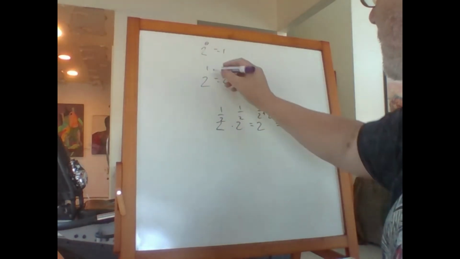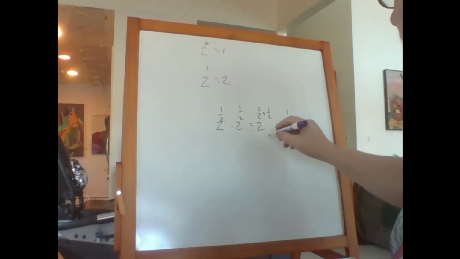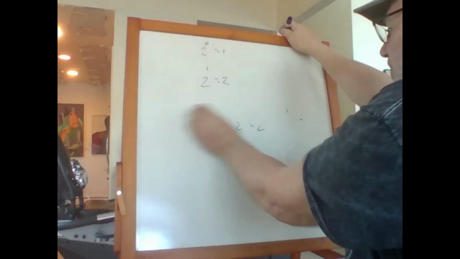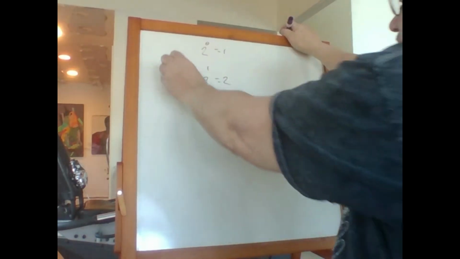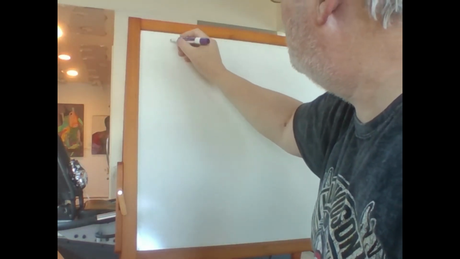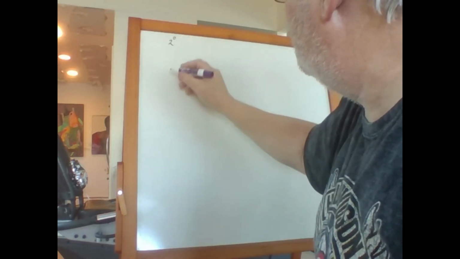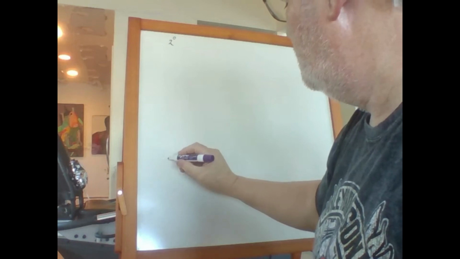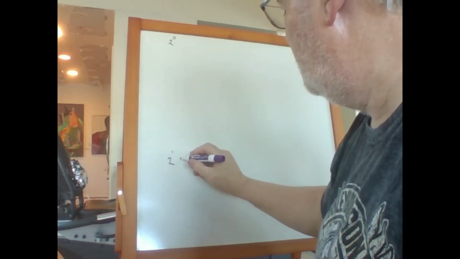So 2 to the 1/2 is a good starting point, right in between 2 to the 0 and 2 to the 1.